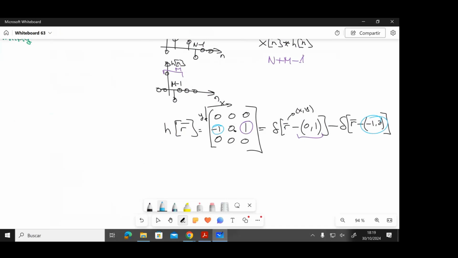So now, if I have an image I of R convolved with H, this would be, now I'm copying directly the result, I of R minus 0, 1 minus I of R minus 1, 0.